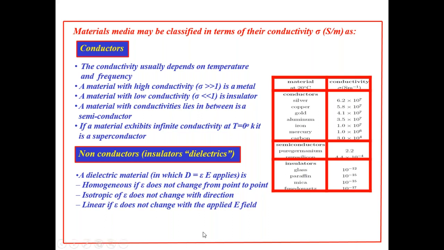It is homogeneous if the permittivity does not change from point to point, isotropic if the electric constant does not change with direction, and linear if it does not change with the electric field.